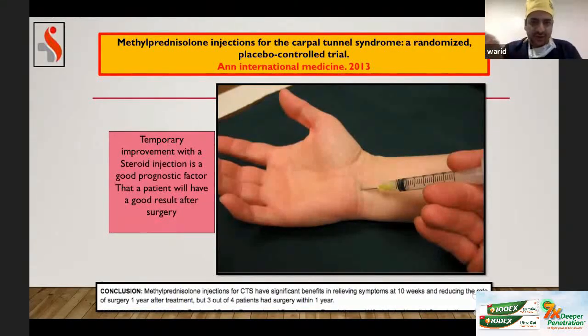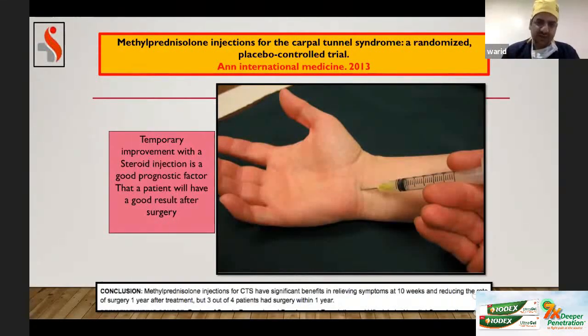Local steroid injection, again, is a very good modality. It gives very good relief of pain, which can be temporary or sometimes permanent, but definitely has a role. A lot of literature and studies have been done regarding steroid injections, and they all suggest that it has a very effective role.